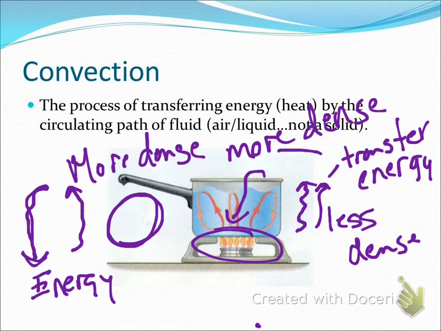You've probably heard of convectional ovens, right? Energy is being circulated around the oven, and it's being sped up by a fan inside just to help that circulation of energy throughout the oven. We're going to spend a little bit more time on convection in another example a little bit later on, but that's another method of heat transfer, and again, that's happening in an air or a liquid substance.